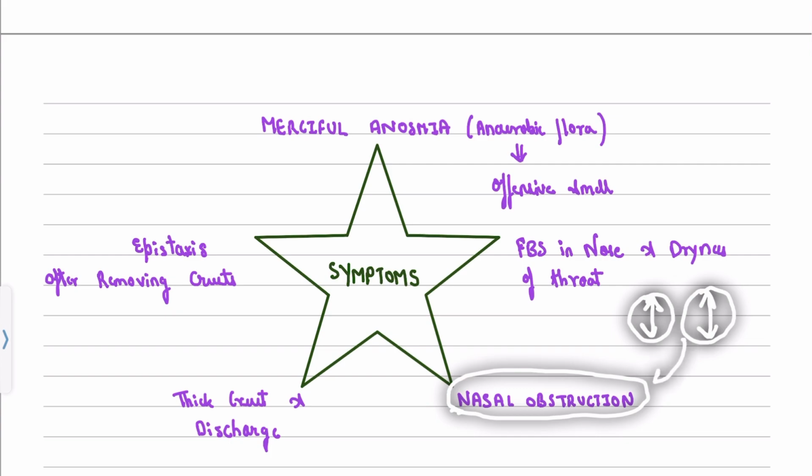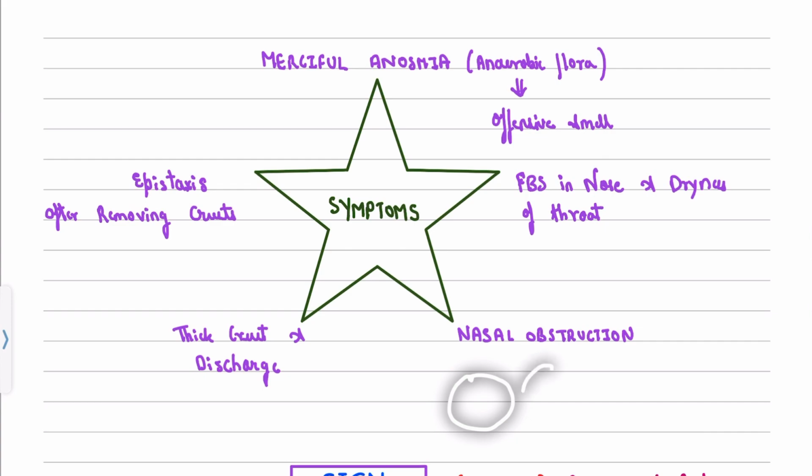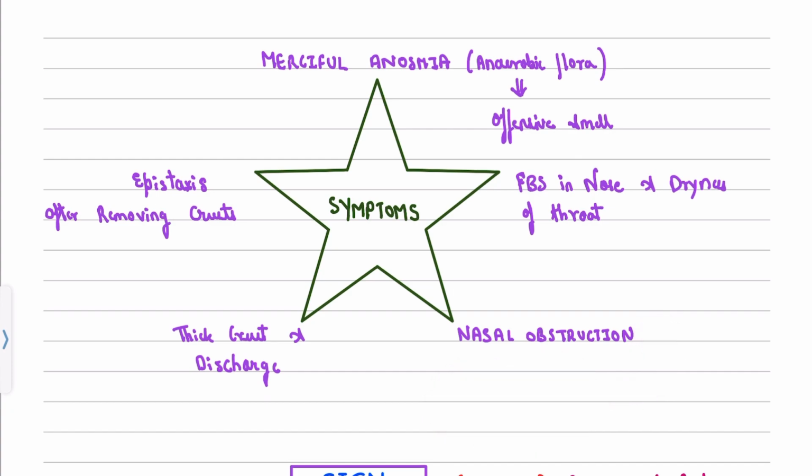So why is there obstruction? These are roomy nasal cavities filled with crust formation, and this decreases the lumen of the nasal cavity. Although the nasal cavity is roomy because the bones have resorbed and other changes, there is excessive crusting there, and this is known as paradoxical nasal obstruction.